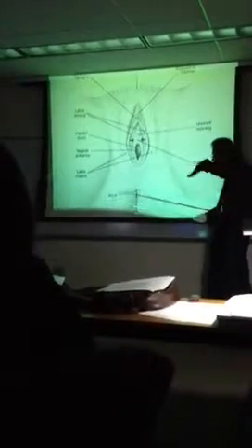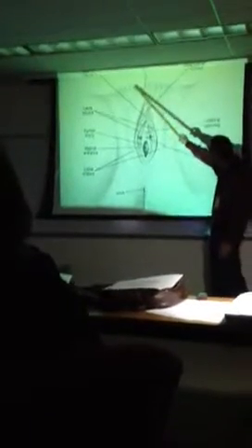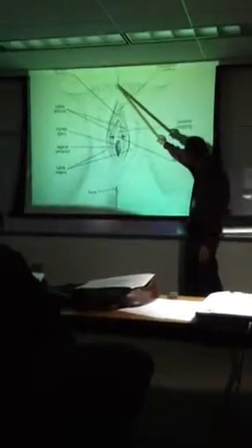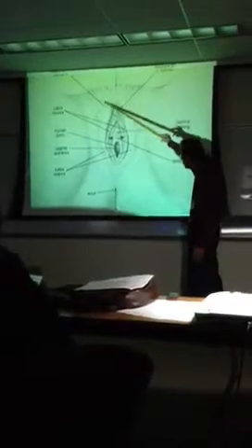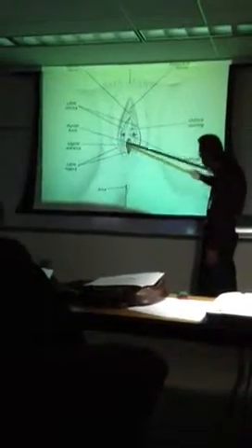This is a woman lying on her back. Mons pubis is here, and the mons pubis is where the labia majora, the external, the outer labia, originate from. So the labia majora are here and here.